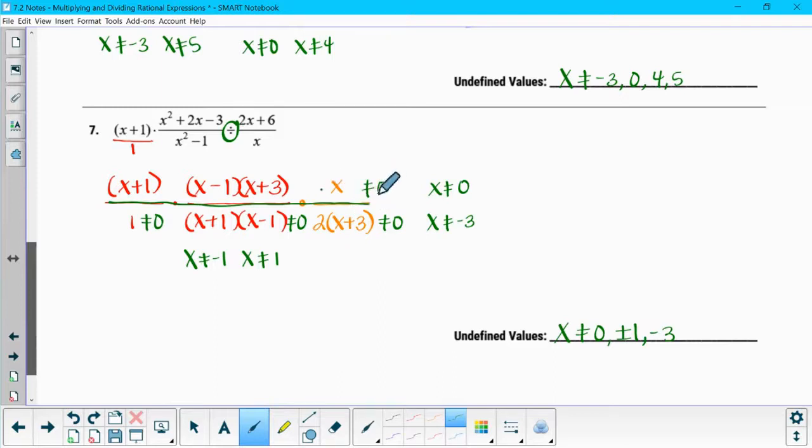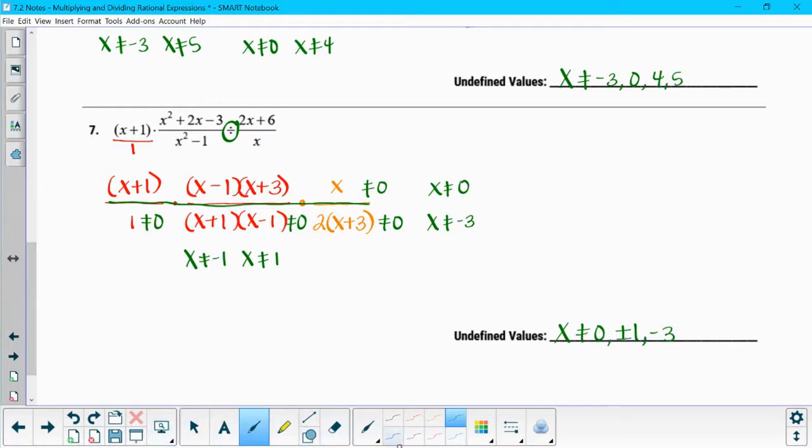So x cannot equal 0. 2x plus 3 means x cannot equal -3. X cannot equal plus or minus 1, and this is not going to generate any value that is undefined. So I have my undefined values written down.